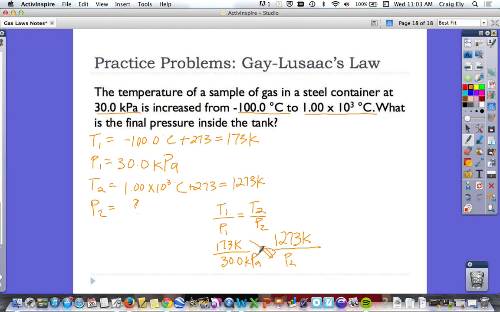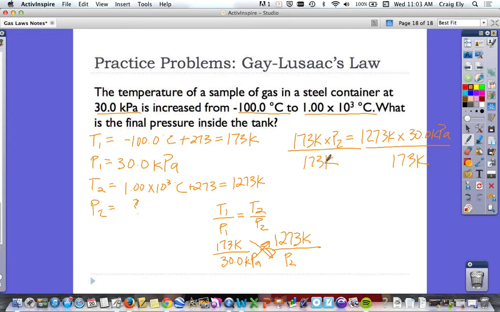We cross multiply. So we have 173 K times P2 equal to 1,273 K times 30.0 kPa. All right, I want to get P2 by itself, so I'm going to divide by 173 K on both sides.